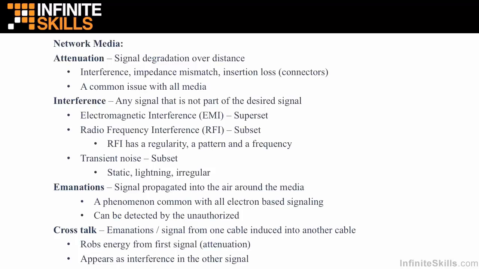Again, a subset of electromagnetic interference. This is all bad for your data signal because I want to be able to read my binary ones and zeros out of my signal that's carrying my data. Well, if these signals are inducing themselves into my wires, this is doing nothing but causing confusion and havoc in my attempt to understand my emulated signal and the data that that signal is carrying.